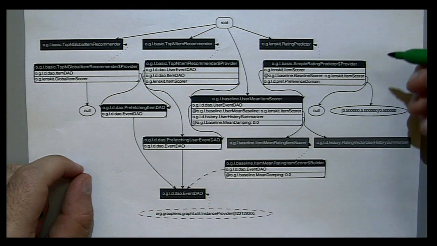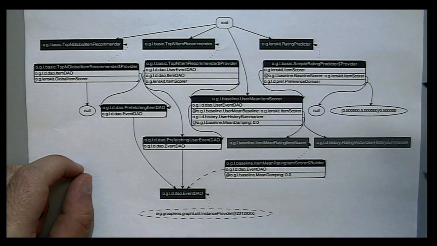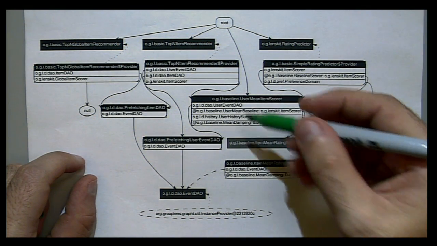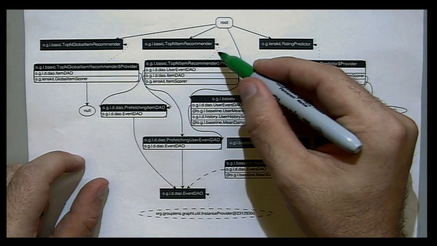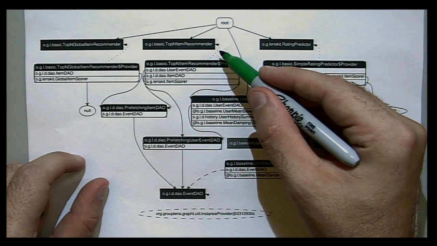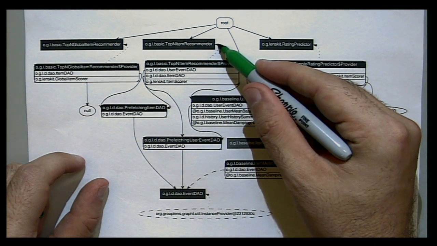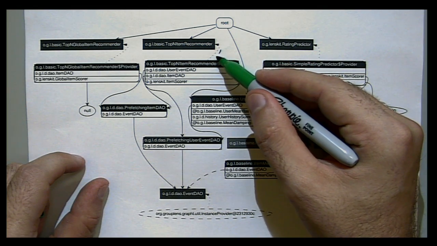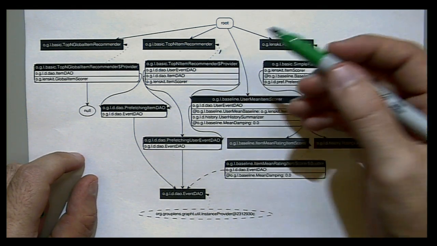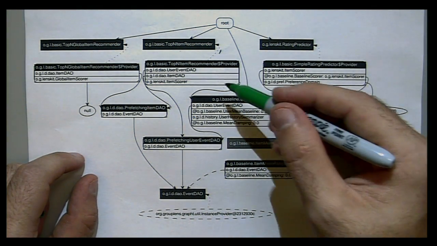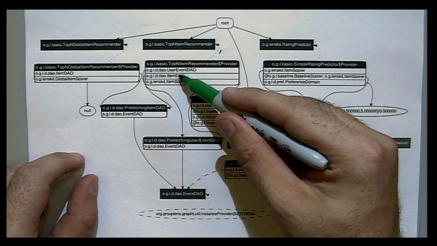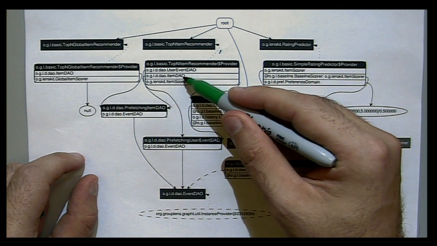It's used to allow for some decoupling between constructions, some more sophisticated instantiation patterns. When you look at a diagram of a LensKit configuration, this kind of arrow here means that one component, one class provides another. The provider in turn depends on the event DAO and the user event DAO and the item DAO.